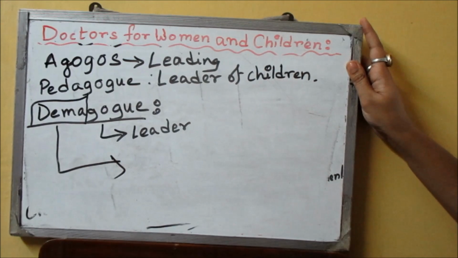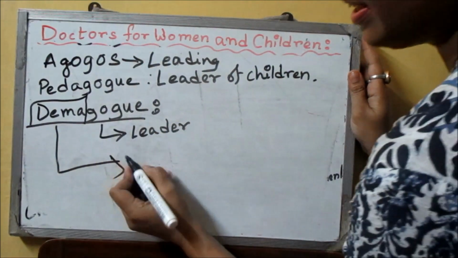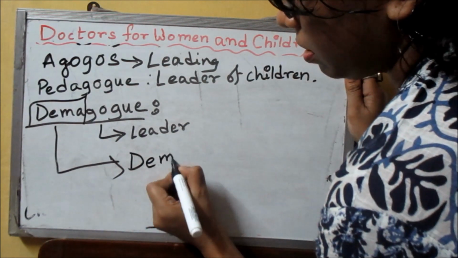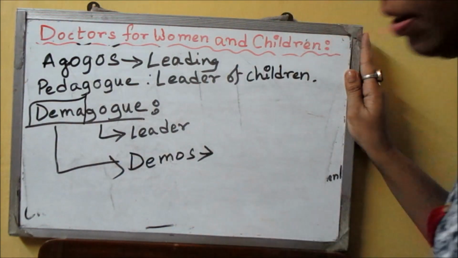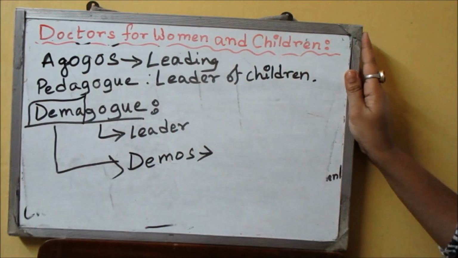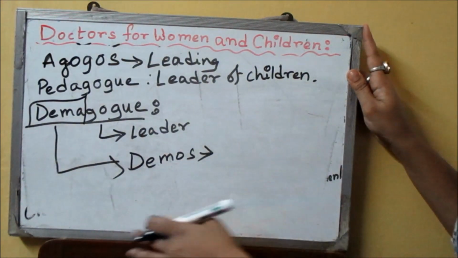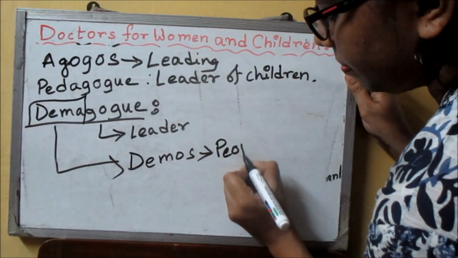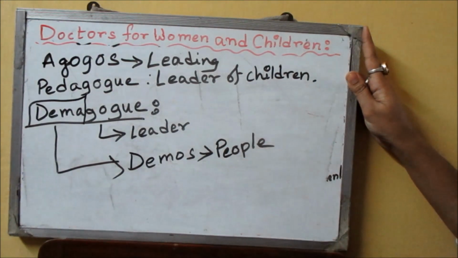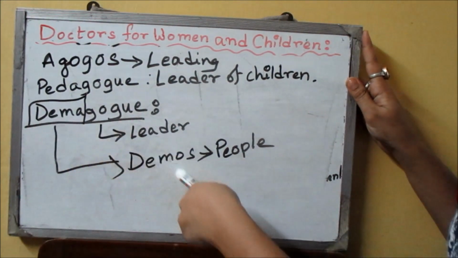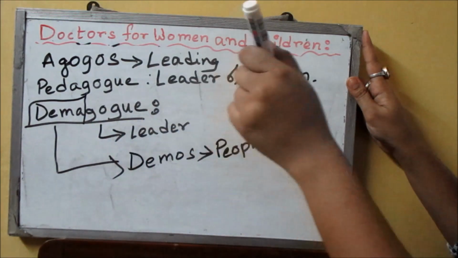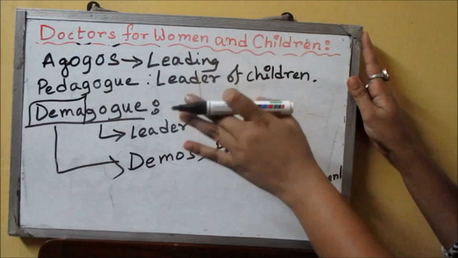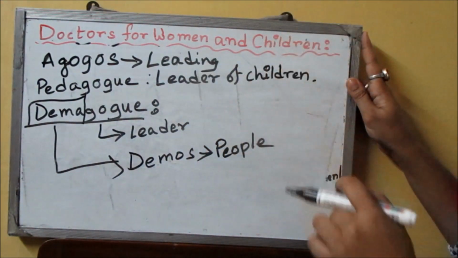The word dema comes from a Greek word again. The word is demos. Demos means people. So demagogue comes from the Greek word demos, and it means leader of people.